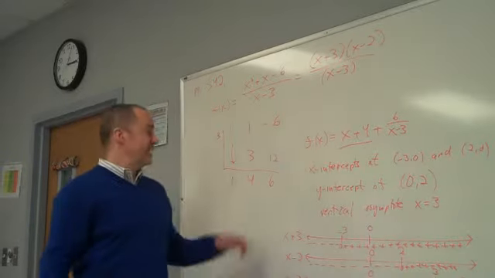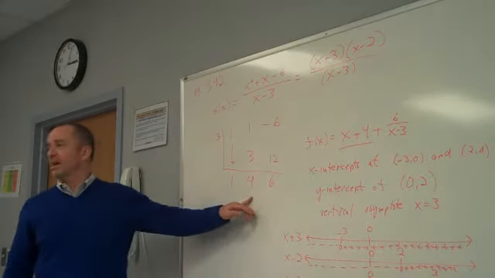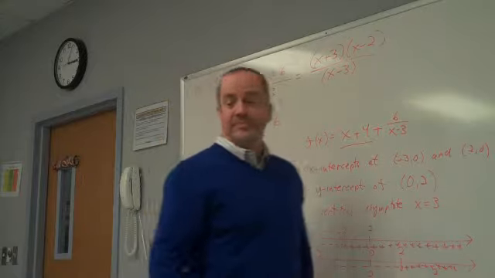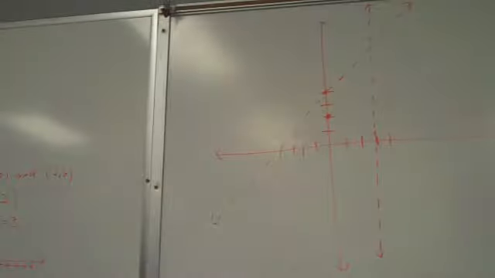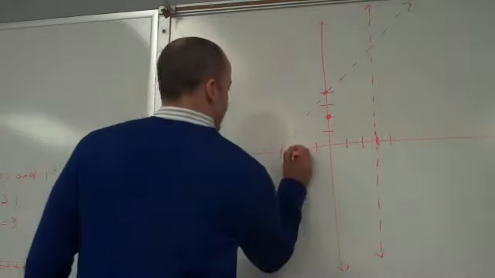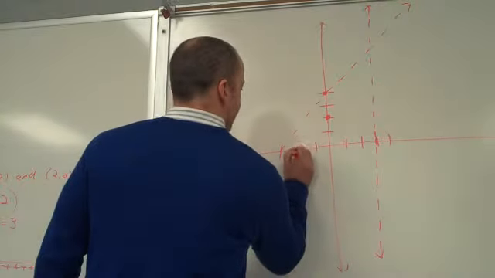Oh, okay. I got the line x plus 4 from my remainder of 6 from my synthetic division over here. So then I make that a dotted line since it's an asymptote. I got the vertical asymptote in the right place. I've got my 0 there and there.